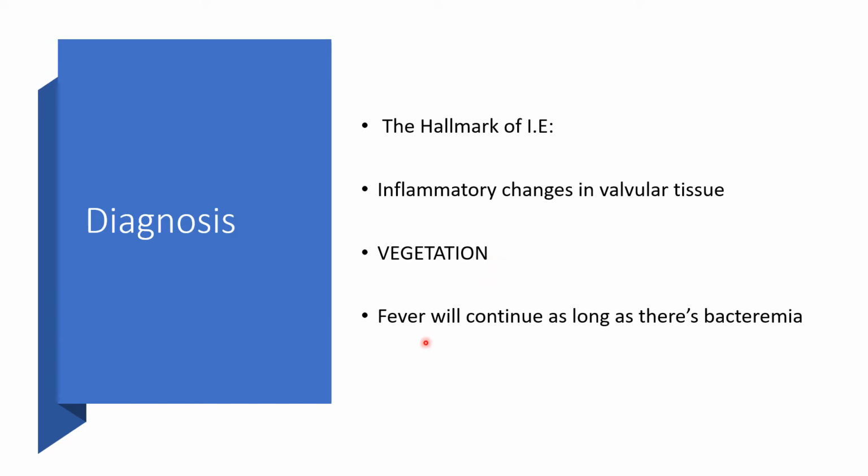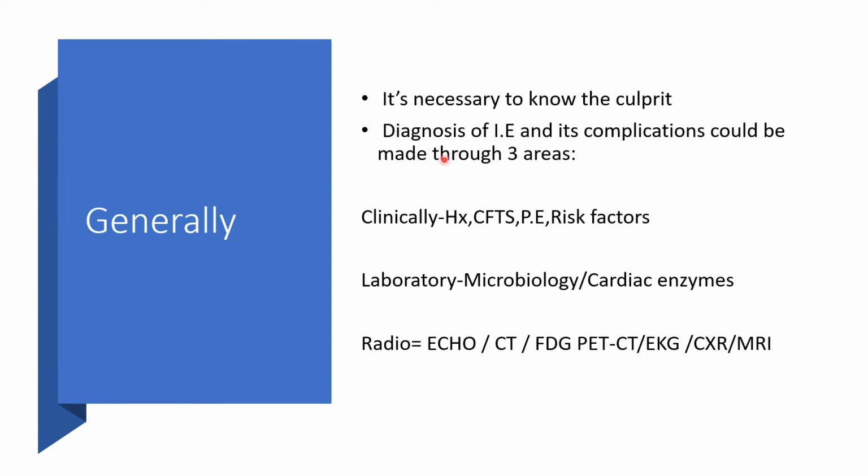Also, fever will continue as long as there is bacteremia. Generally, it is important, actually compulsory, to know the culprit, and the diagnosis can take us through three different areas.